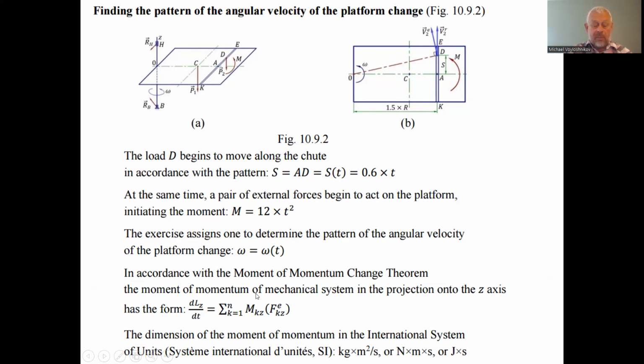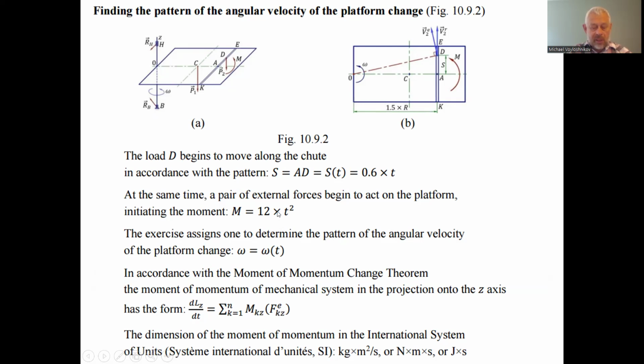The kinetic moment of the mechanical system in projection onto the z-axis has the form of a derivative. We consider only the applied axis because this is flat motion. The applied axis is perpendicular to the plane of the drawing, and the derivative is equal to the total moment of the external forces.